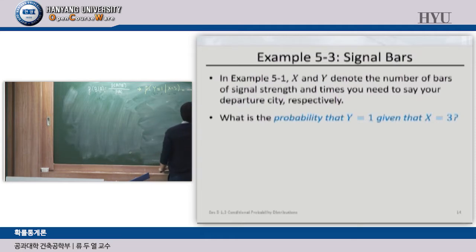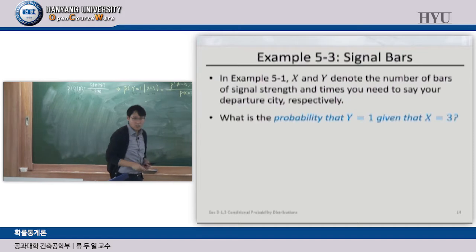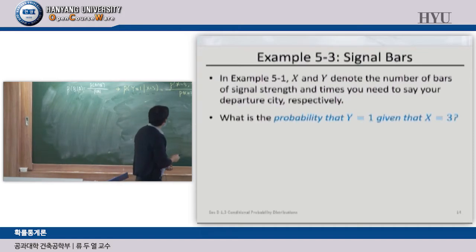That should be equal to the probability of x is equal to 3, comma, y is equal to 1, right? That is the intersection, okay? Over the probability of x when x is equal to 3. And what is this? That is the joint probability mass function, right?